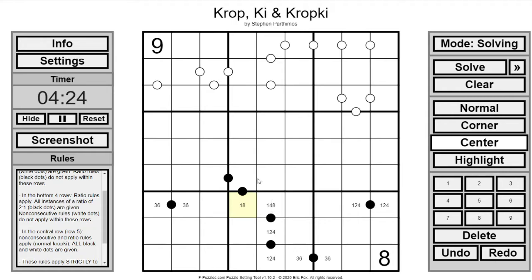Either way is fine, I think. So if it's 1, it goes up to 2. If it's 8, it goes down to 4. If it's 2, it can go to 1. If it's 4, it can go to 2. If it's 2, it can go to 4. I think that's all that we can get for now from that.